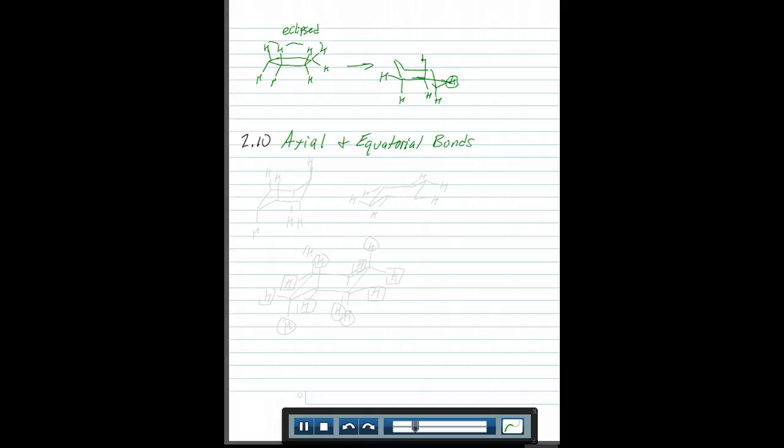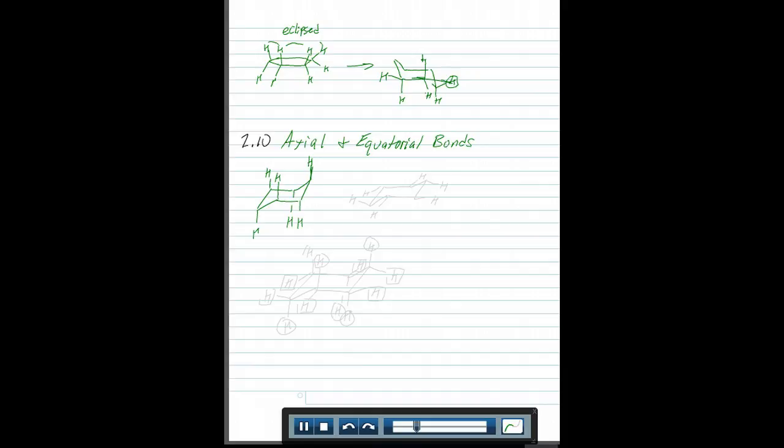We're going to talk about what's called axial and equatorial bonds. Let me draw another chair conformation. There are two types of hydrogens. There are the axial hydrogens. These hydrogens go straight up. Hydrogen there, hydrogen there, hydrogen, hydrogen. Remember, there are two hydrogens on every carbon on this molecule.